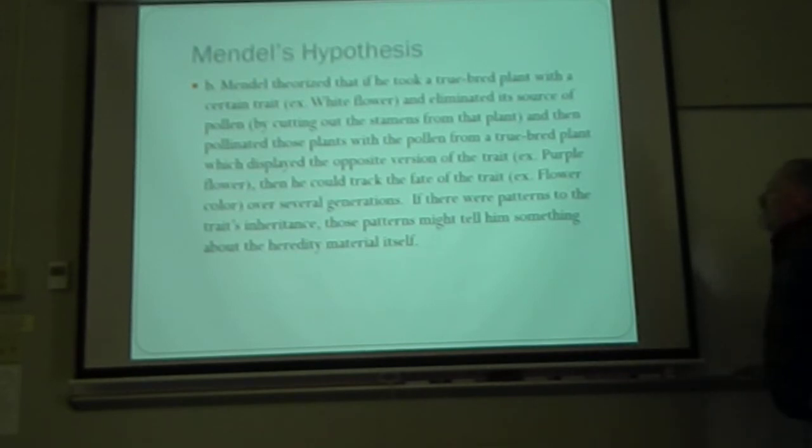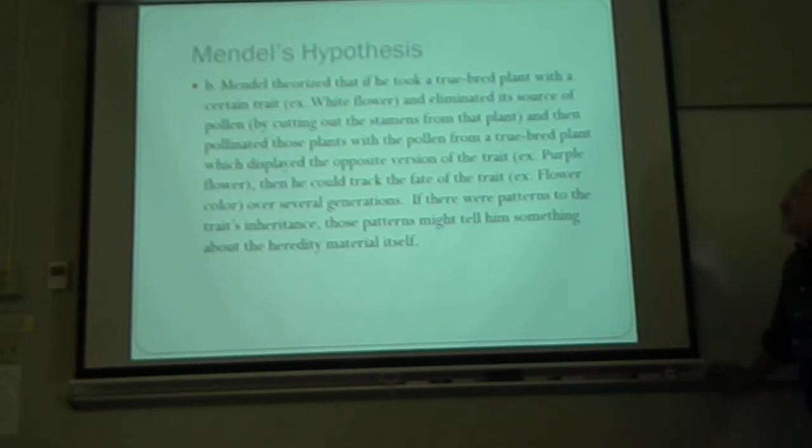So Mendel hypothesized or theorized that if you took a true-bred plant with a certain trait, like white flower color, and eliminated its source of pollen by cutting the stamens from that plant, the male parts, and then pollinated those plants with the pollen from a true-bred plant with the opposite version of the trait, purple flower, then he could track the fate of the trait, which in itself is flower color.